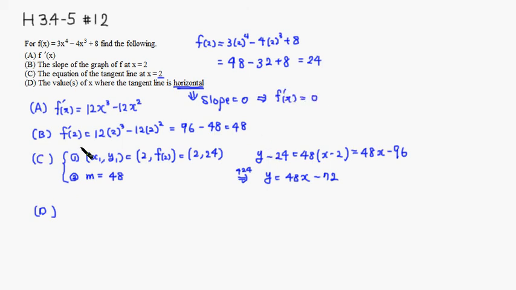So the derivative we have is the answer of part A. So f prime of x is equal to 12x cubed minus 12x squared. Factor out 12x squared. We have x minus 1. We set that equal to 0. Therefore, from here, x equals 0 and also x equals 1. So it's 0 and 1.